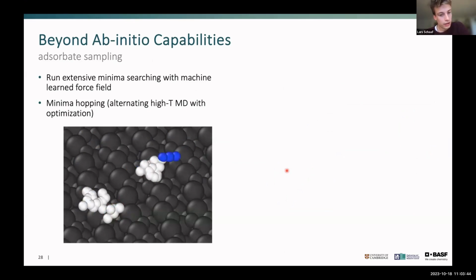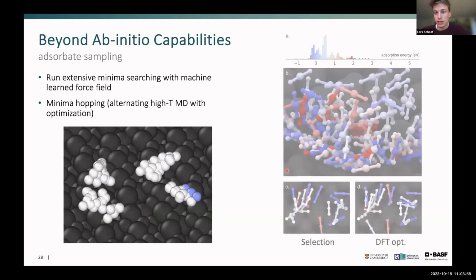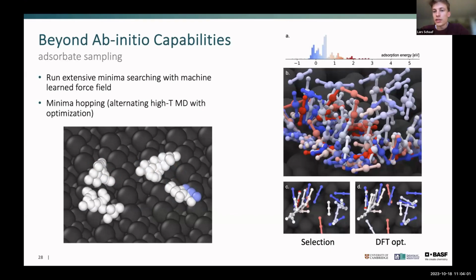And so we ran some global minima searching with this minima hopping algorithm where you alternate MD and geometry optimization, and you can find new minima in this energy landscape. And here we've plotted all the possible minima for carbon dioxide on top of the surface, showing the different energies.